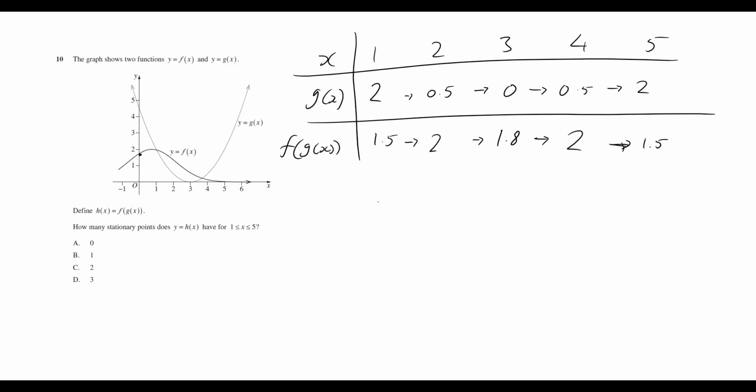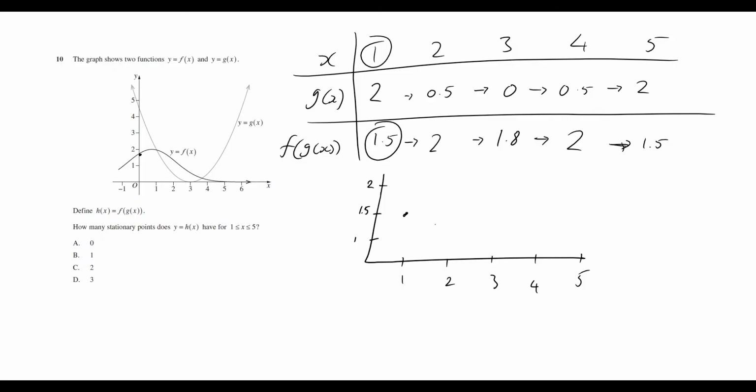So what we can do now is quickly graph this up and see exactly what we get. So we know 1, 2, 3, 4, 5. And we know we're going to be working from, let's say, 1, 1.5, 2. I'll quickly put those in there now. Okay, so when x is 1, f of g of x is 1.5, so right around there.